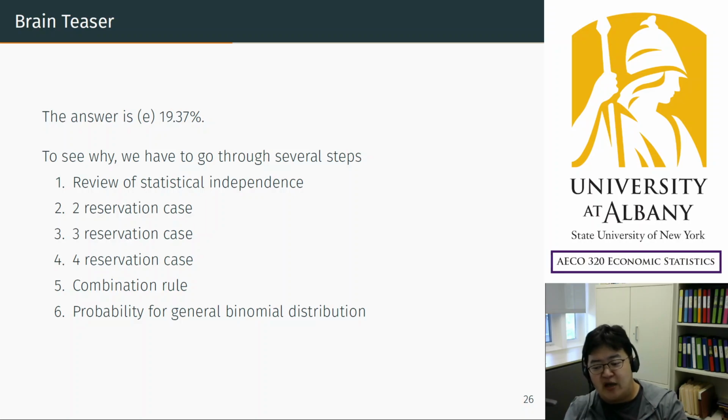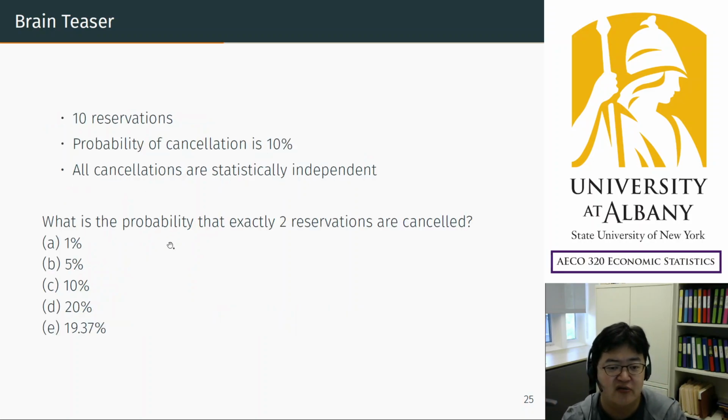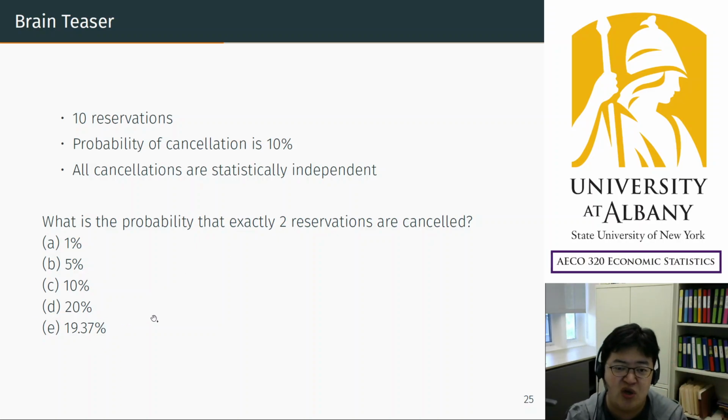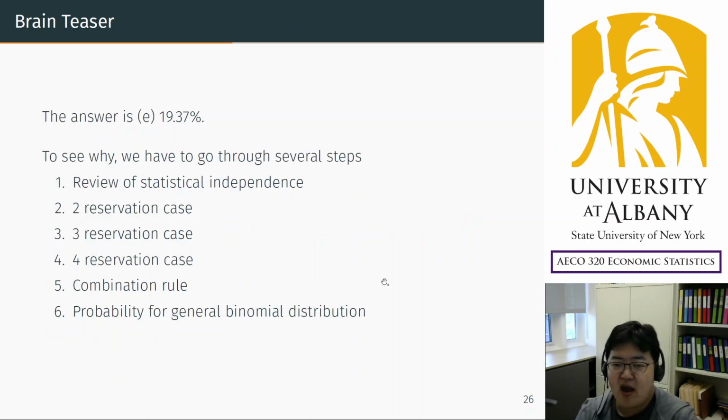Without learning statistics, you cannot understand what's going on. It's not just 20%, not 10%. And of course, if you change the numbers, strange, weird numbers may come up. So our goal is to understand why we get this strange number as the answer.